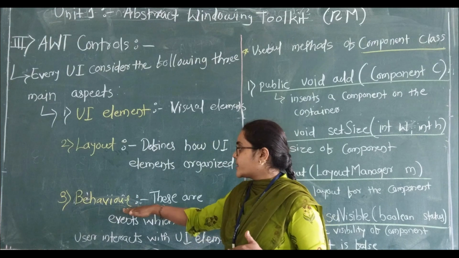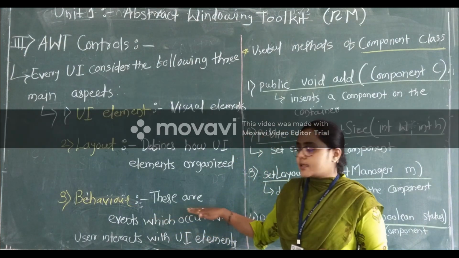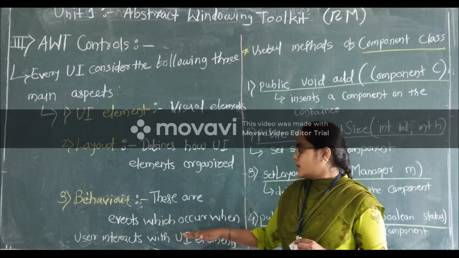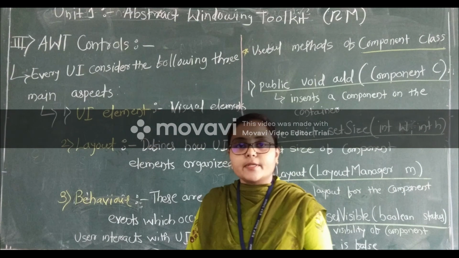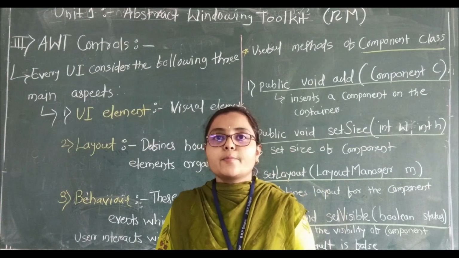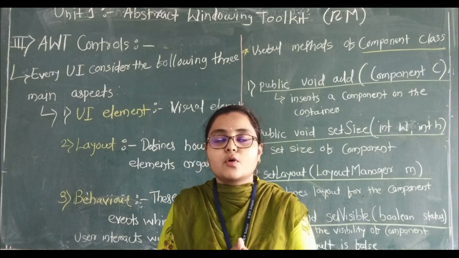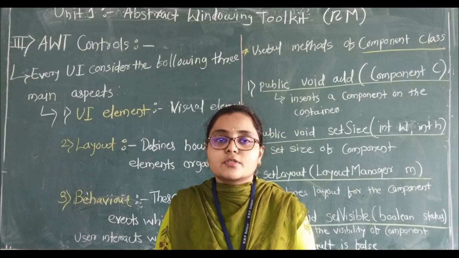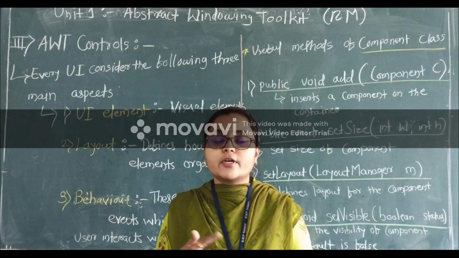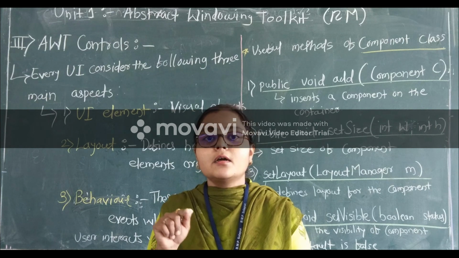And the third one is behavior. Behavior means the events which occur when the user interacts with UI elements. For example, I am going to log in to a Facebook account. In that account, we must enter the username and then the password, and then click the login button.